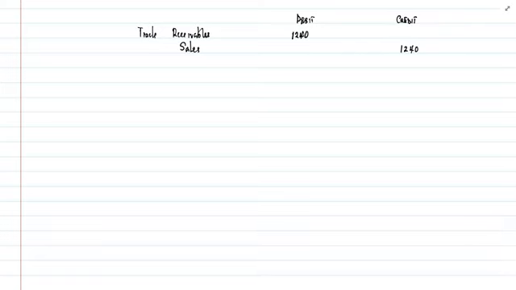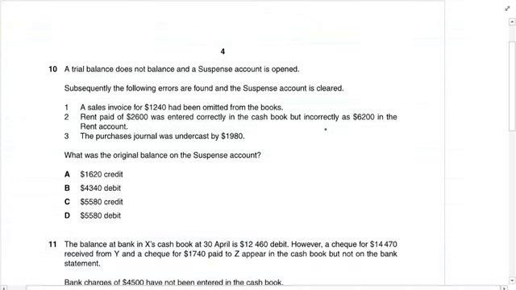Then next, rent paid 2,600 was entered correctly in the cash book, but incorrectly as 6,200 in the rent account. It was entered in the rent account on the debit side as 6,200, meaning we have put a greater amount on the debit side, so we would have to reduce that amount.